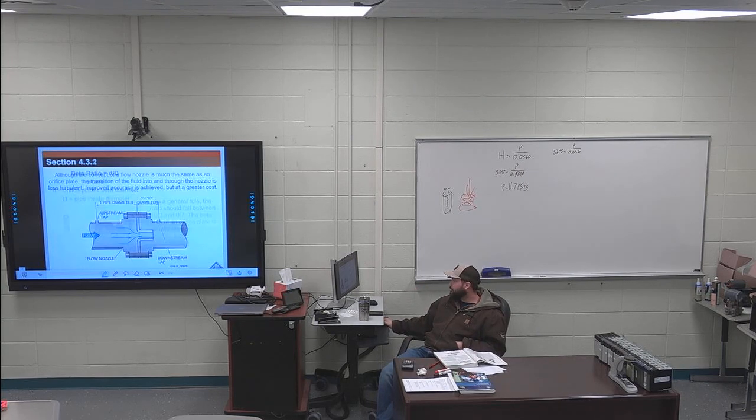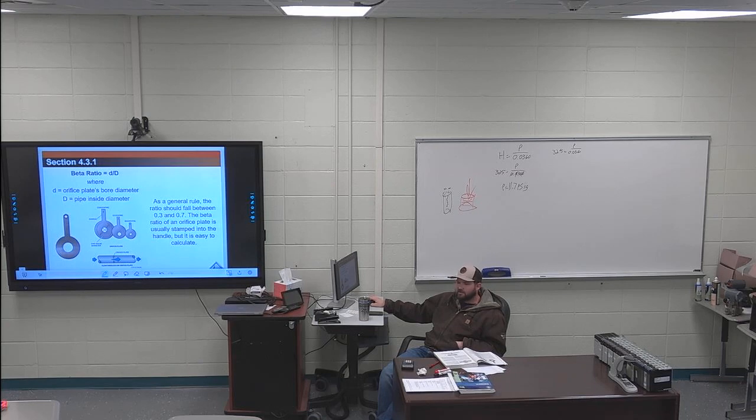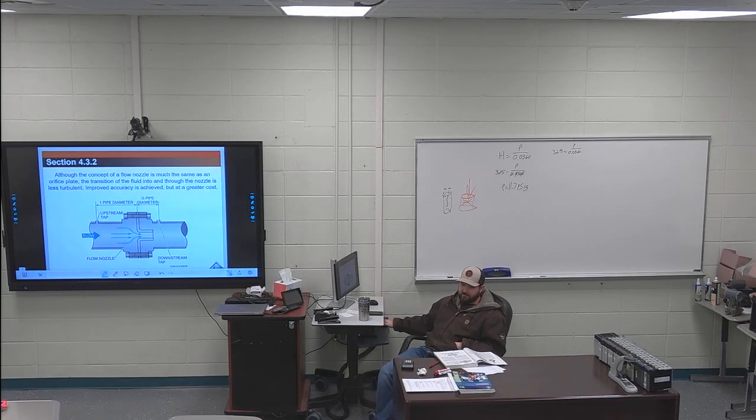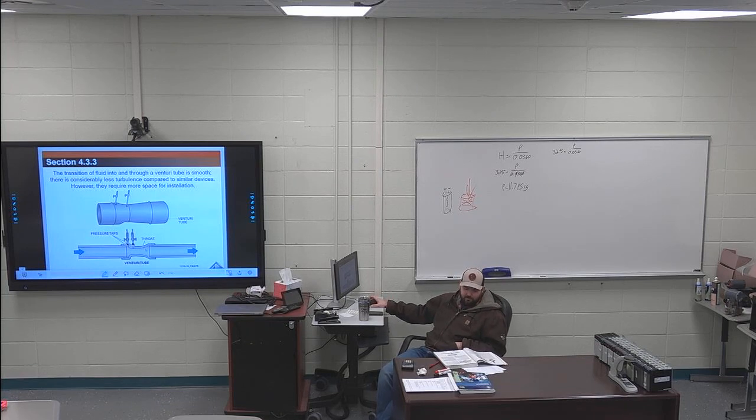So loading would be how much disturbance this orifice plate causes, or how much disturbance this flow nozzle causes. I'm pretty sure this is accurate: the venturi tube of the restriction type devices causes the least amount of loading or disturbance, because it's a gradual change, right? I can flow more, and the water's not going to get as turbulent through this pipe as it would through an orifice plate.